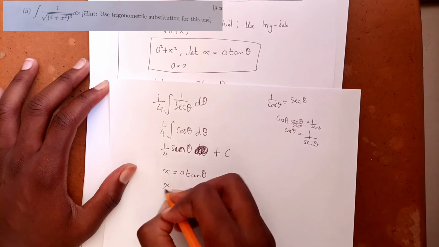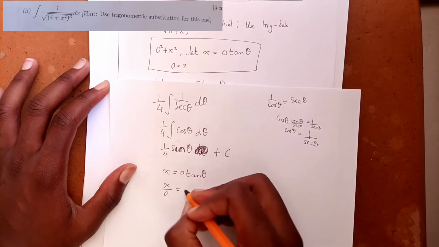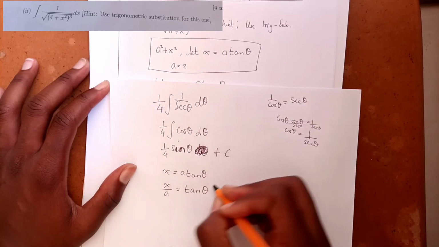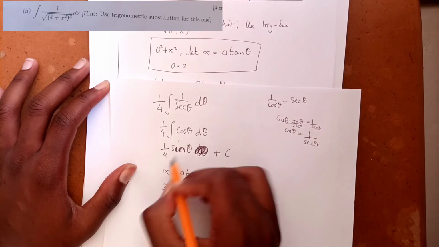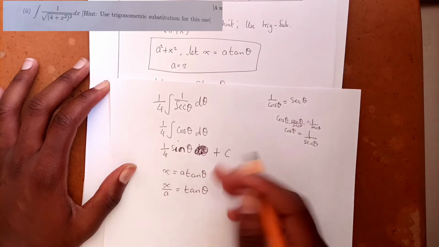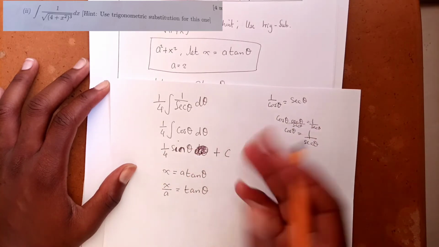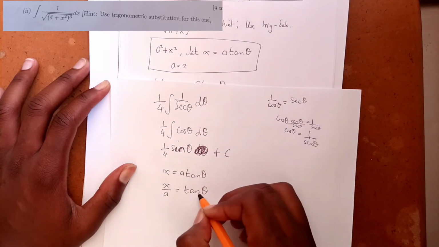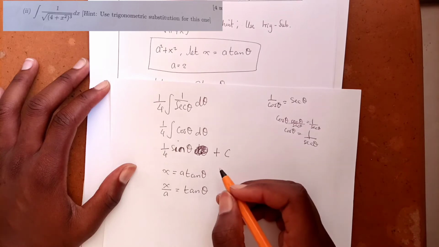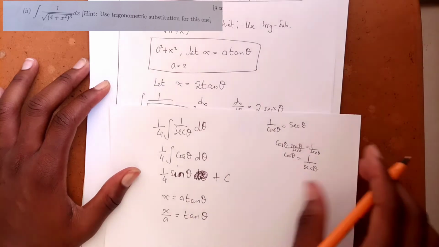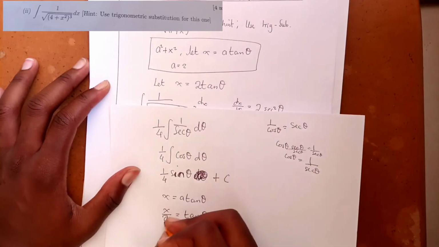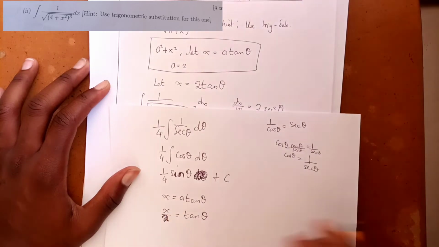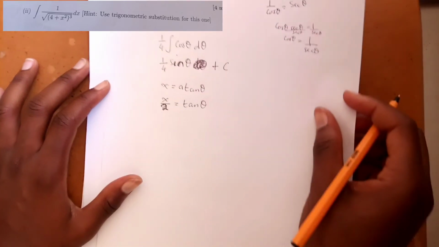Thus x over a, when you take the a down there, is equal to tan theta. So now what we have to do is change this sine theta into tan theta, or anything that looks like tan theta, maybe cot theta. So finally we can replace this one, and wherever there will be tan theta, we just put x over a. But in this case our a was 2, so wherever we find tan theta, we'll just put x over 2, and then we'll be good to go.